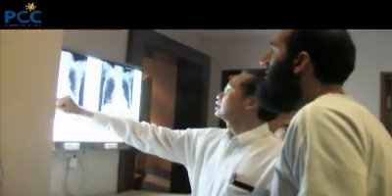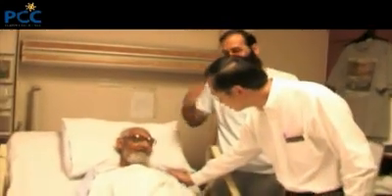Besides helping us in staging the cancer, meaning what stage it is, whether it's metastasized or not, and number two, in terms of helping us determine whether the tumor is responding to treatment, that is, before and after pictures, the PET scan is also useful in helping us to follow up a patient, to determine whether a patient has or does not have a cancer recurrence.